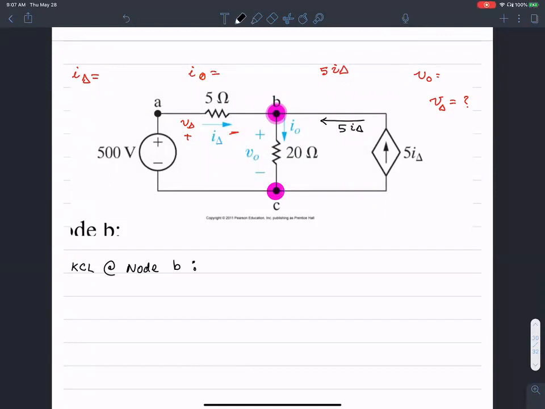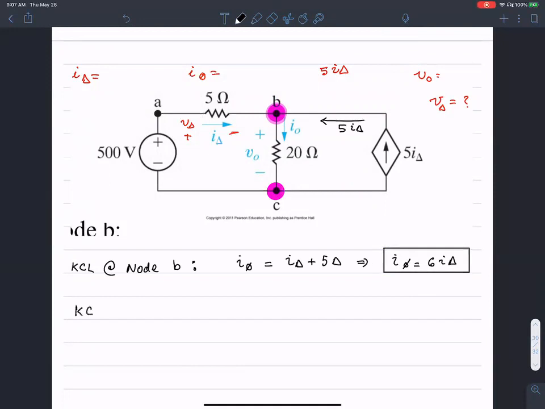I0, the current leaving, equals the sum of I delta plus 5 times I delta. So I have an equation: I0 is 6 times I delta. That is given by KCL at node B.